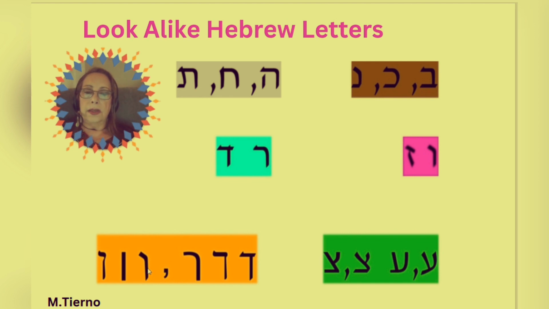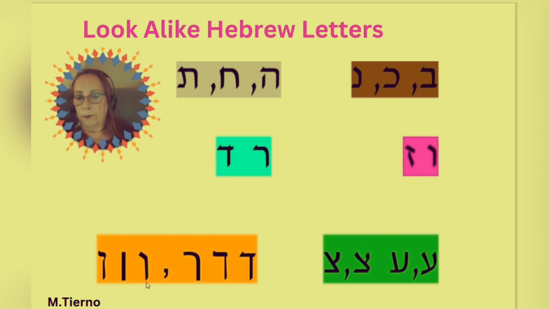So if you could see this one, it looks like here. They look very, very similar. But this one is shorter and this one is longer. And again, it's at the end of a word.